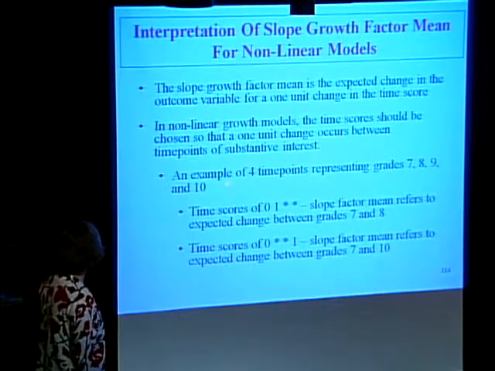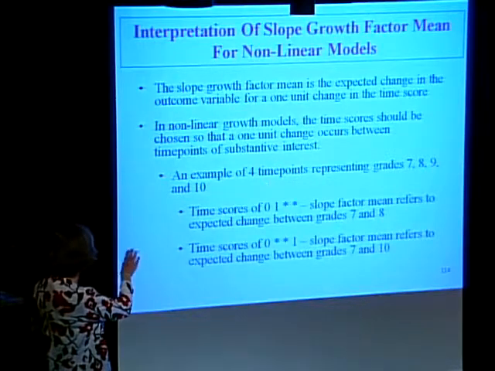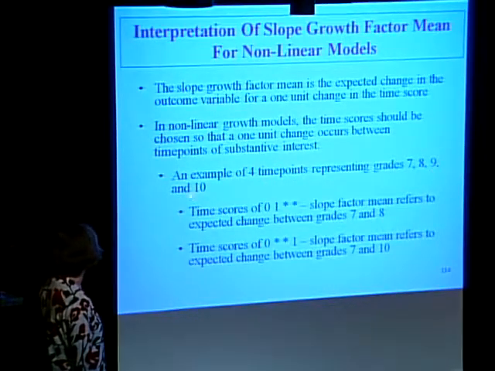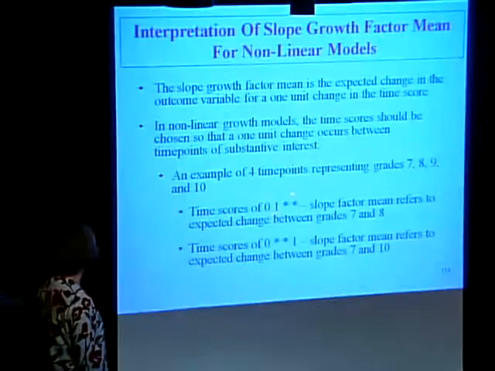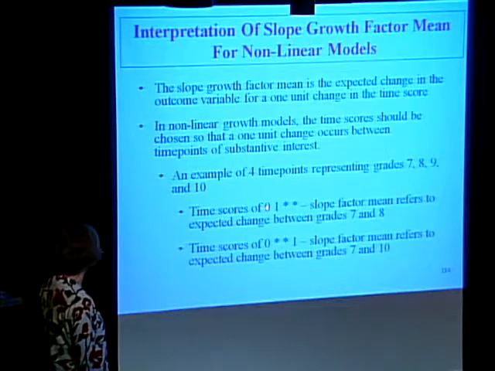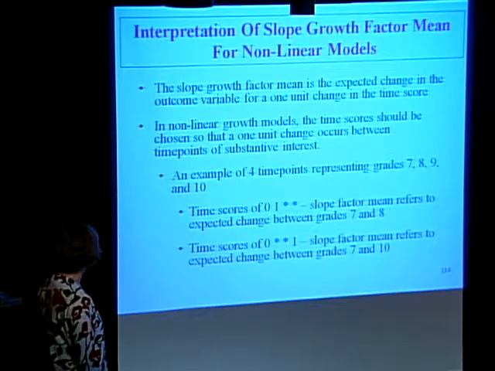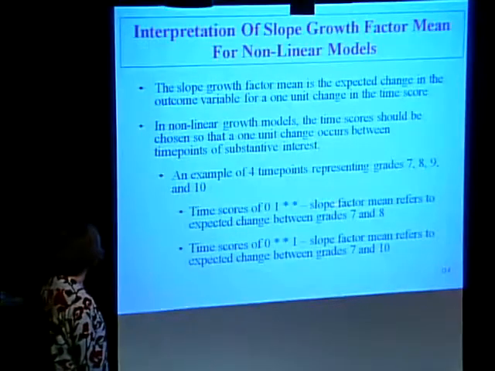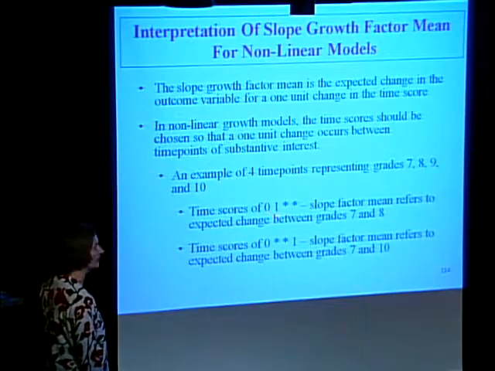So, for example, if you have 4 time points representing grades 7, 8, 9, and 10, and we give time scores 0, 1, free, free, so we're meeting the conditions of one being 0 to define the intercept growth factor and one being 1, with the other 2 free, then the slope factor mean refers to the expected change between grades 7 and 8.